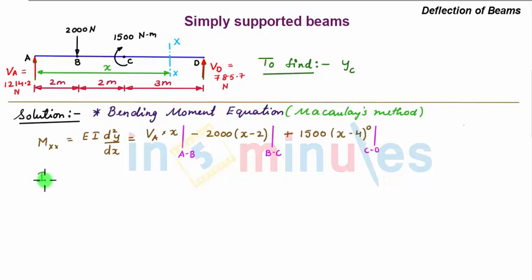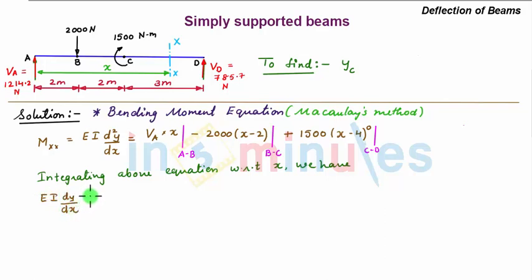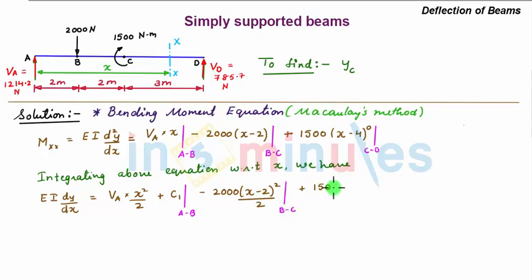So now integrating the above equation with respect to x, we have EI d square y by dx square will become EI dy by dx equal to, we'll have VA into x square by 2 plus we add the constant of integration C1 into the same first partition, then minus 2000 into x minus 2 square by 2, then second partition, then plus 1500 into x minus 4.